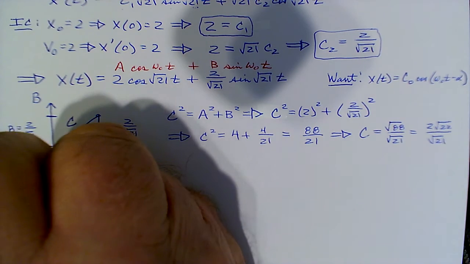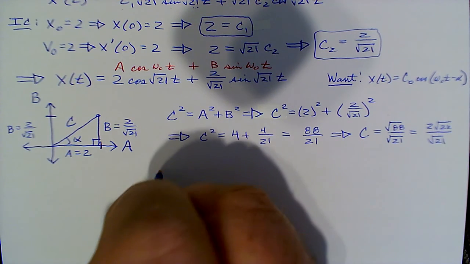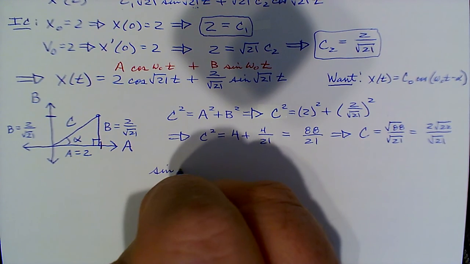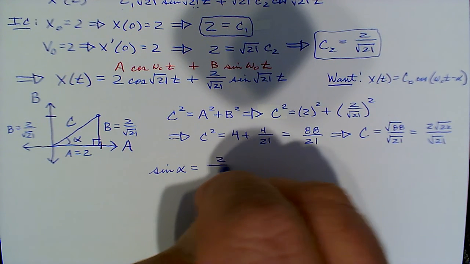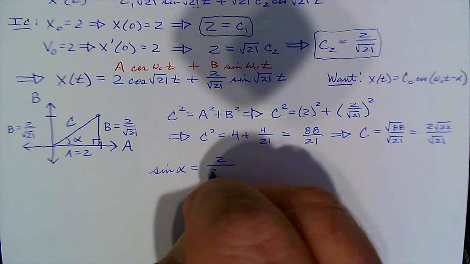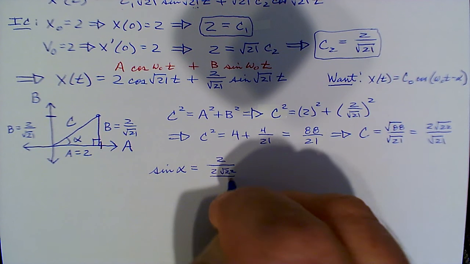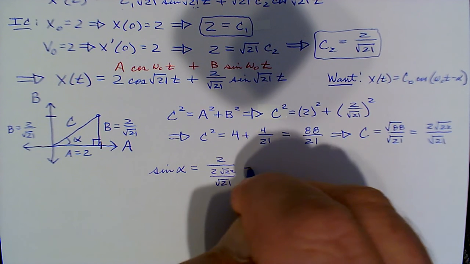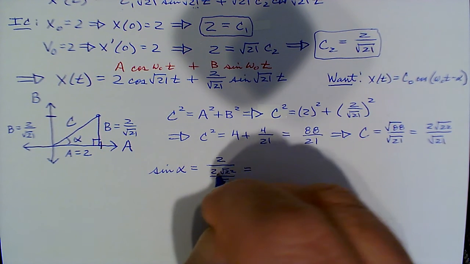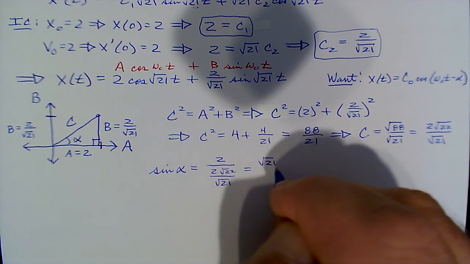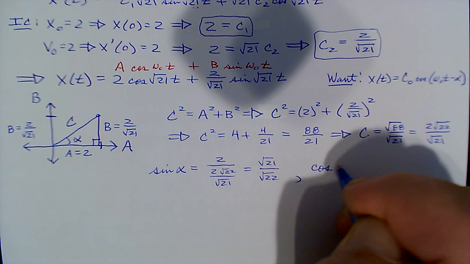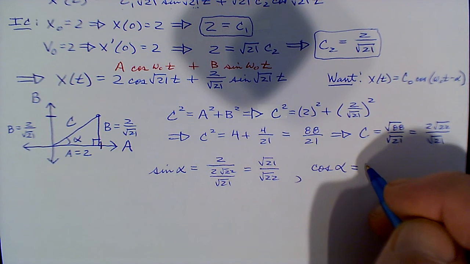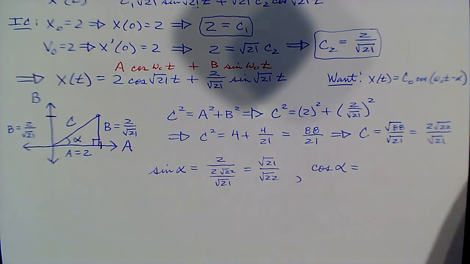So this is our angle alpha. And we want the sine of that angle and the cosine of that angle. Cosine is adjacent, 2 over hypotenuse. We just found it, 2 square roots of 22 over the square root of 21. So any 2's cancel, then inverting and multiplying, square root of 21 over square root of 22. Oh, actually I did that, that's the cosine, I'm sorry.